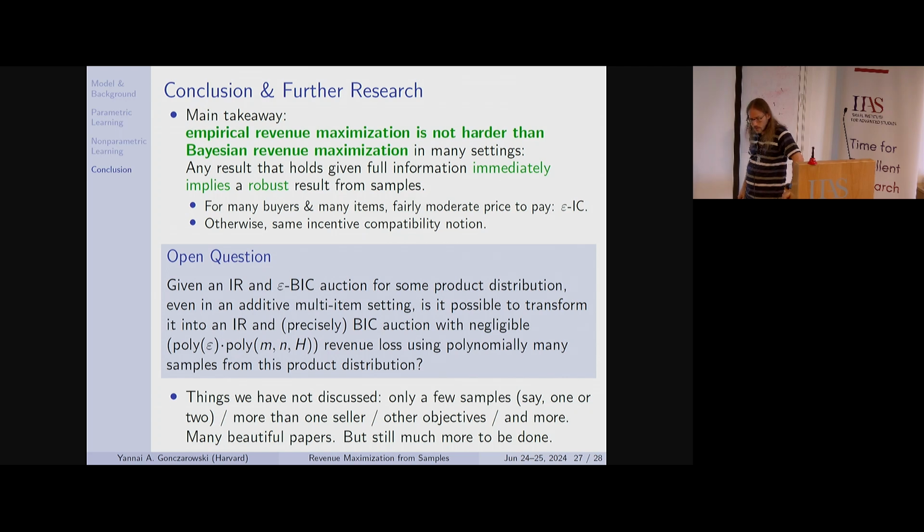You can think about being an intermediary, living off the difference between what you got from the buyers and what you paid the sellers. You're eBay and you want to maximize your revenue. I'm not talking about a specific paper. You can ask that question.